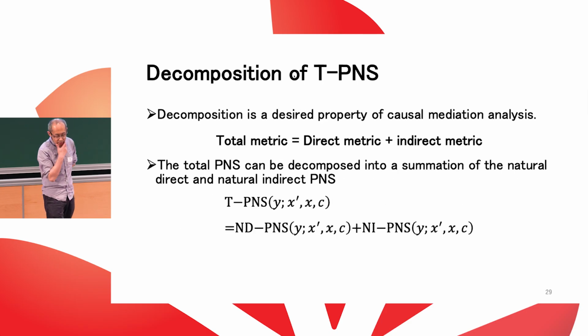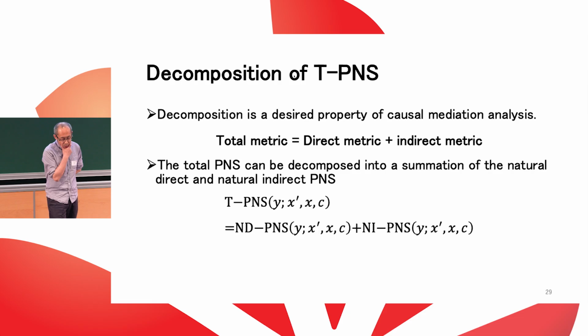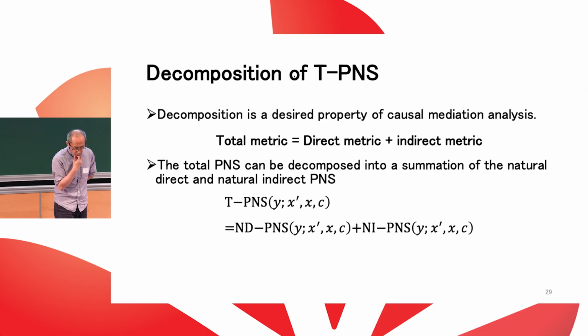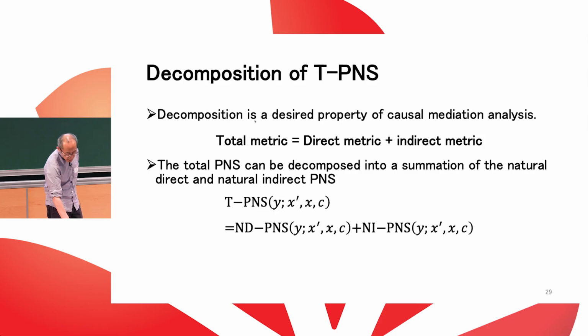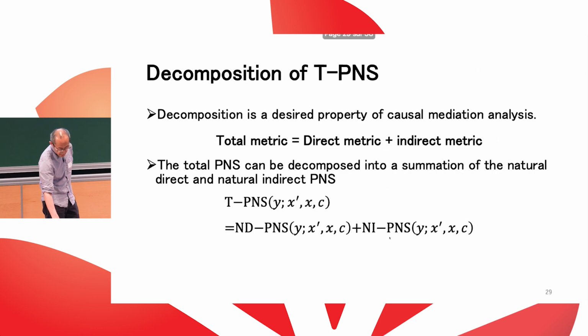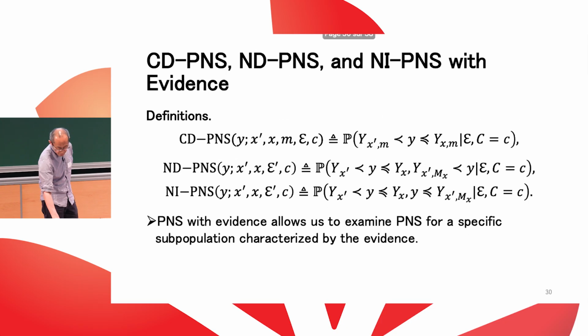So those are the definitions of the direct PNS and the indirect PNS. And we can show that this new definition satisfies the decomposition property, such that the total PNS is equal to the summation of the natural direct PNS and the natural indirect PNS. So it is a desired property.